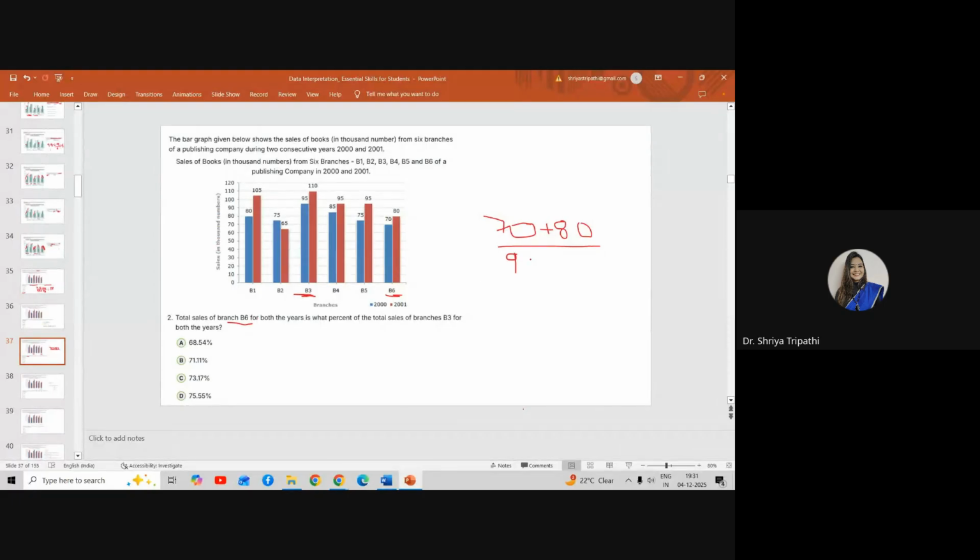That is 95 plus 110. Now it is percentage, so we'll multiply by 100.